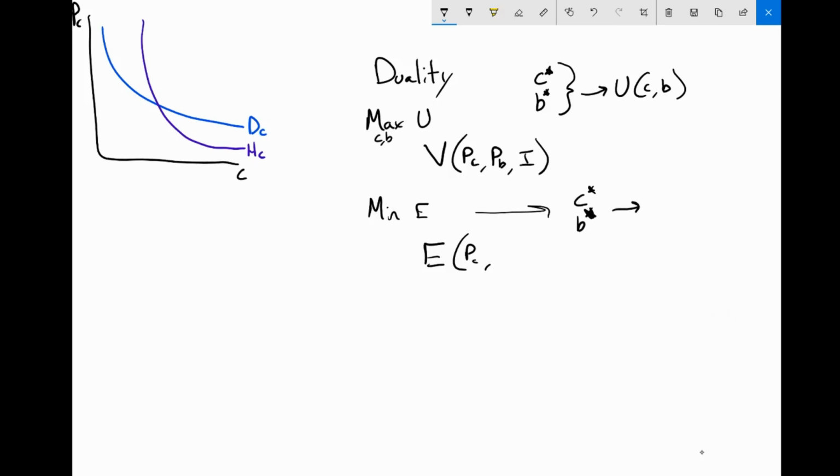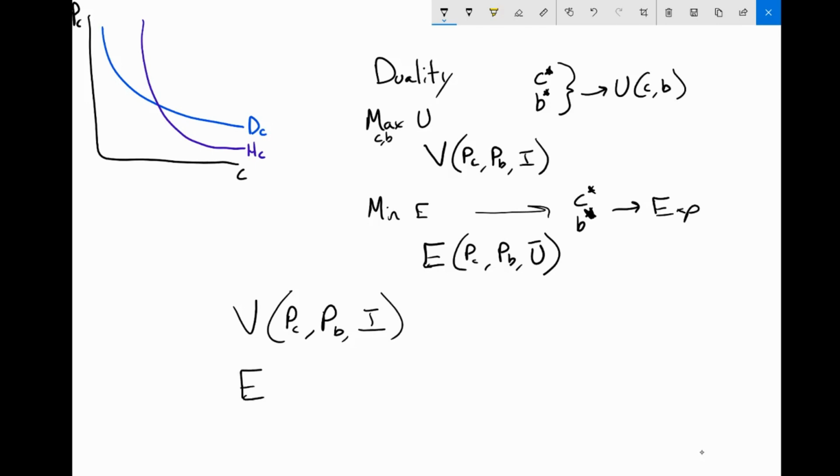We take those, plug those back into the expenditure function, and we're going to get the optimal expenditure function, which is a function of the prices and some given level of utility. All right, so we have these two functions: the indirect utility function and the optimized expenditure function.